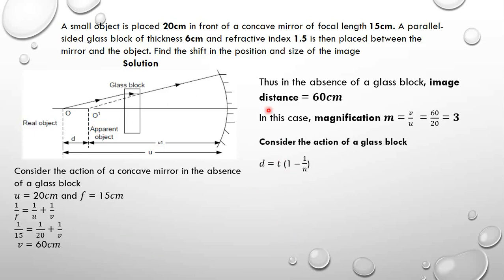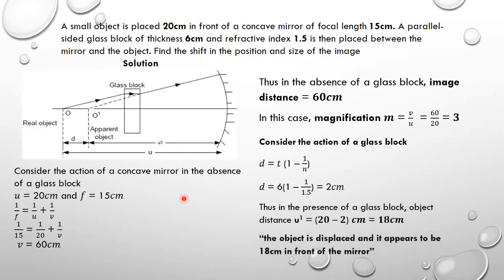The thickness is 6, so we shall put 6 here. The refractive index is 1.5, and then we shall get 2 centimeters. So the displacement here is 2 centimeters. That means that the new u, that is u prime, is going to be the u here minus this d. So that is going to be 20 minus 2, which will give us 18.